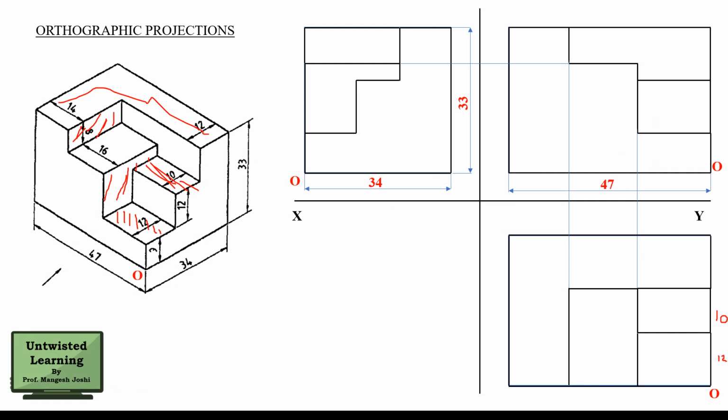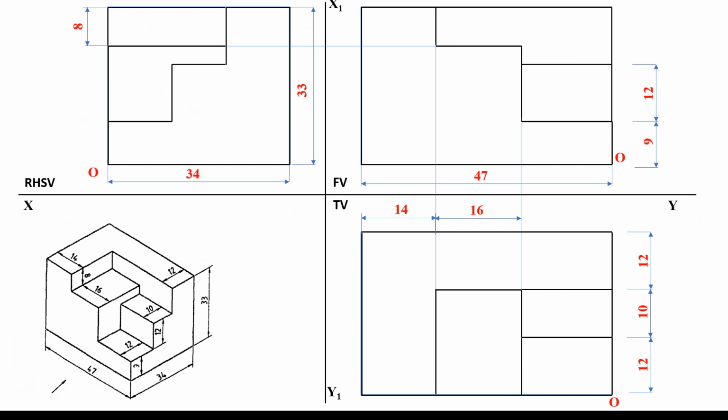So this completes all the views. So ultimately this section is nothing but this rectangle, right? This completes the front view, top view and side view of this object. So after doing proper dimensioning, your solution will look like this.